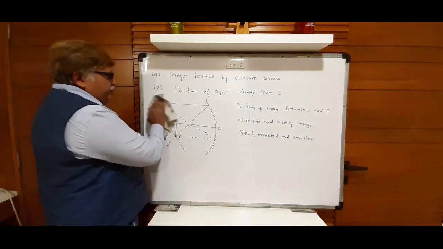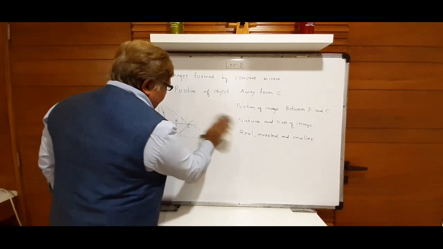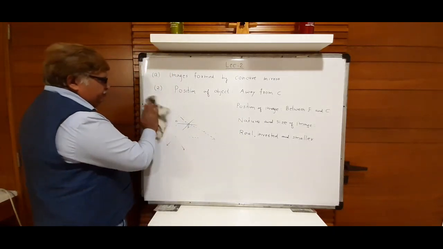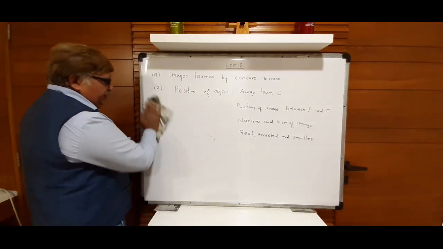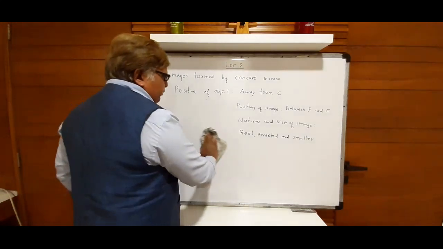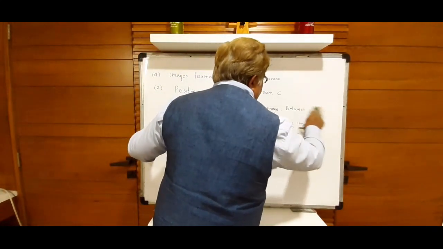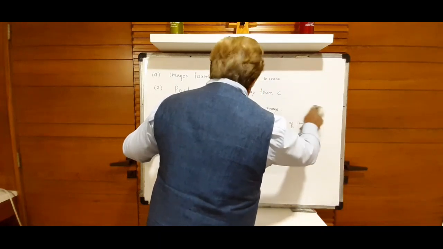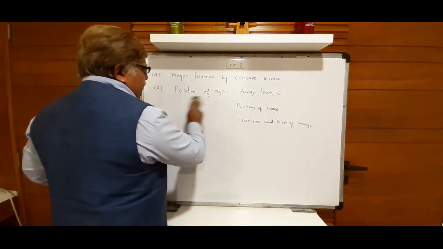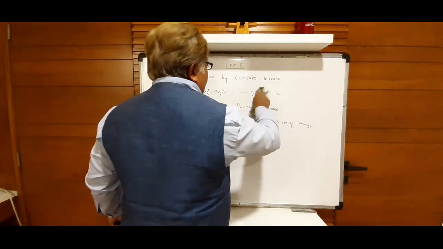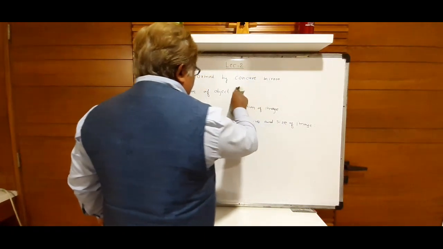Let us take the third one. You might have drawn with me. Now we are taking the third diagram. I am just erasing this only. Now again, position of object, the third diagram.